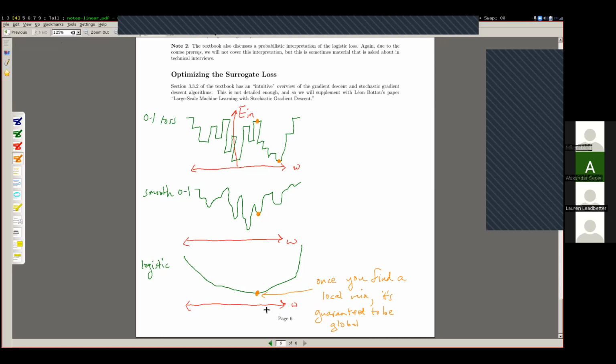And so that's why the convexity property is good. It's convexity that gives us this property. And it happens to be true for the logistic loss. And again, the logistic loss is the most robust of those loss functions that has this property.